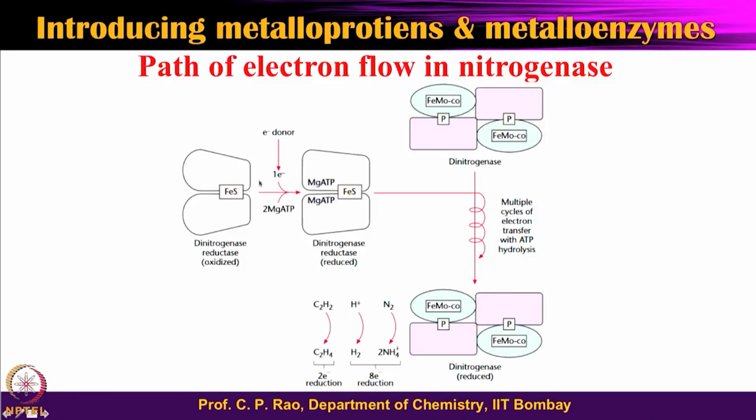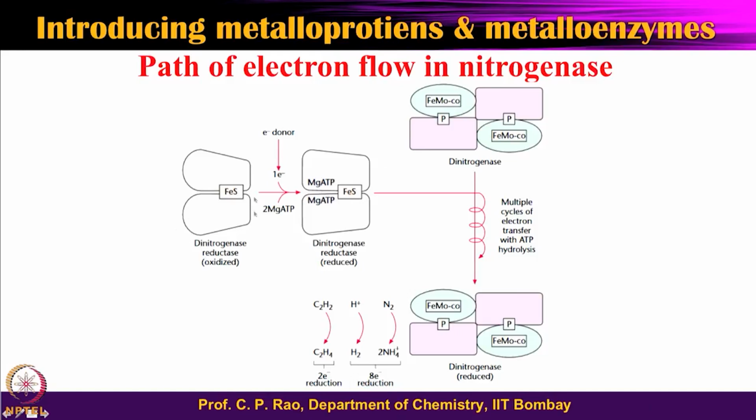This part is your iron sulfur containing iron protein, where the electron comes from the ferredoxin, and that will activate the Mg-ATP hydrolysis and pump in the electron, and this electron goes into the FeMoCo of the molybdenum iron protein, and then from there it goes to the molybdenum center, and then it can go to the nitrogen or hydrogen plus or acetylene, etc. So, there is no new information I have explained here, except I am showing it in a figure-based form.